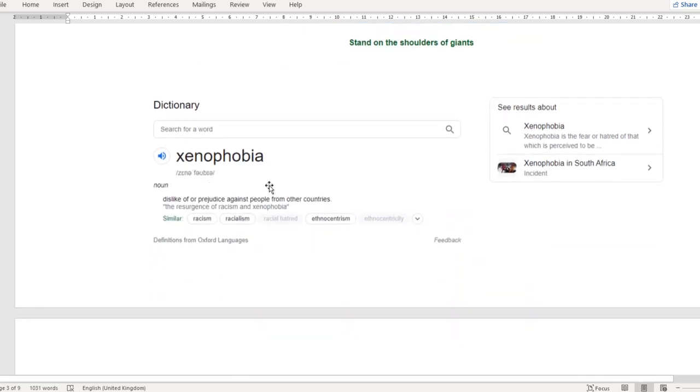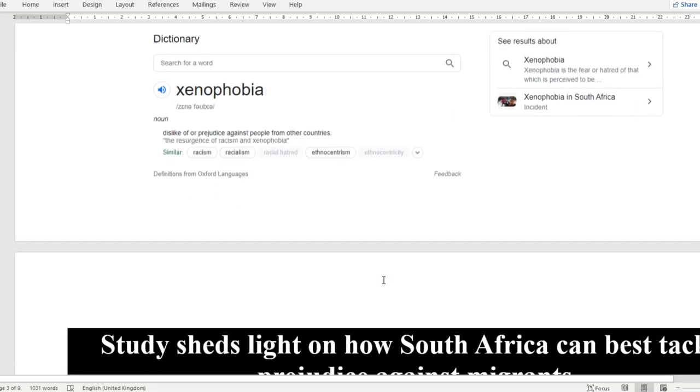I'm going to go through xenophobia in hopefully one part. If not, in two parts. And then I will go through human trafficking. If you've chosen xenophobia, you'd have to start off with the definition. Xenophobia is the dislike or prejudice against people from other countries.